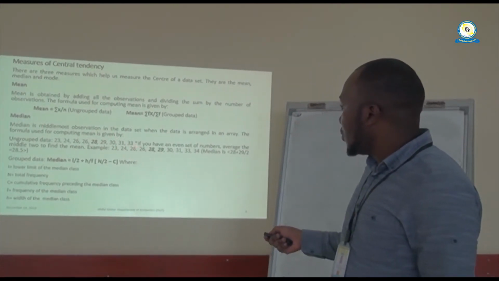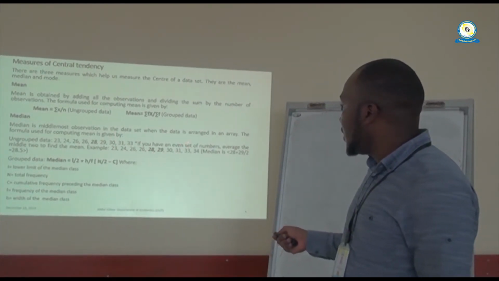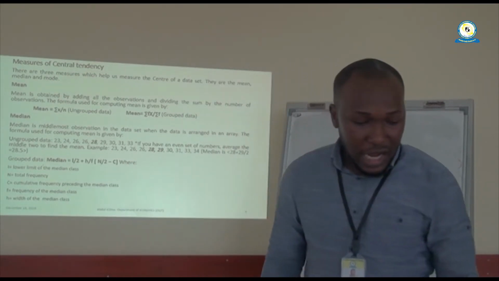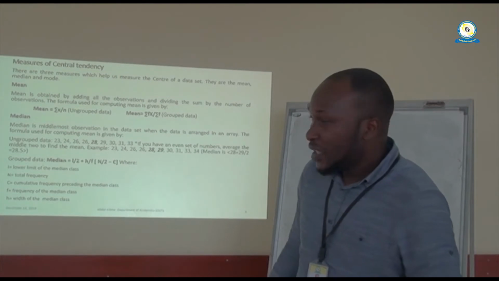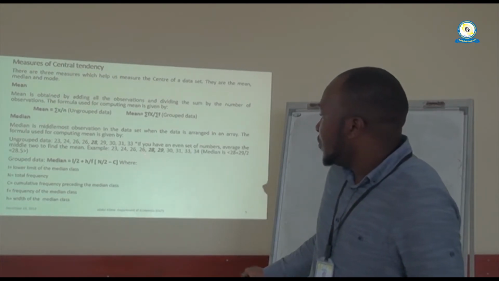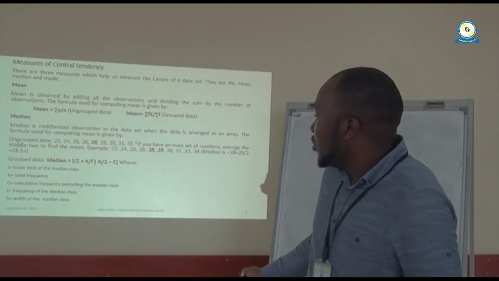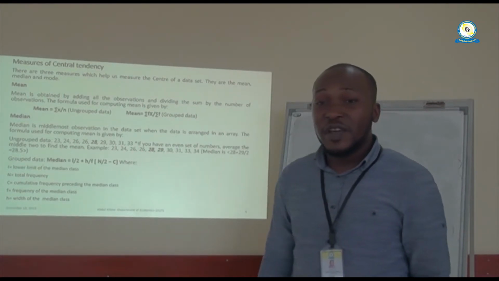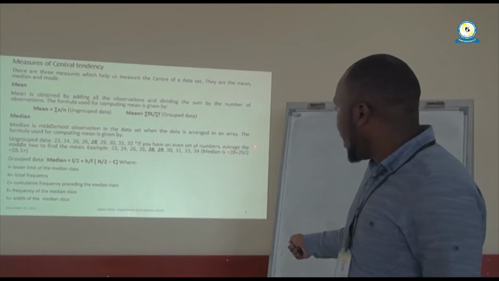Now we have 10 observations. How can we calculate the middle number? We take the 2 middle numbers, the 5th and 6th, and divide by 2, as we've done here.